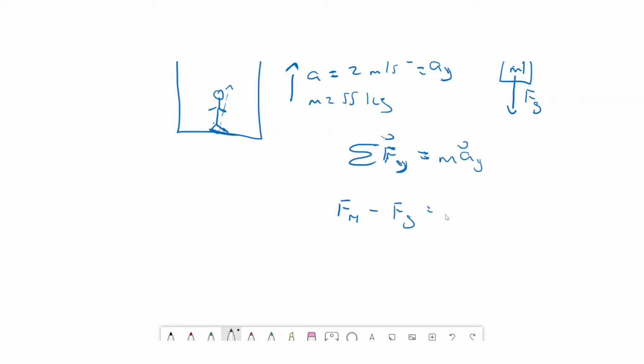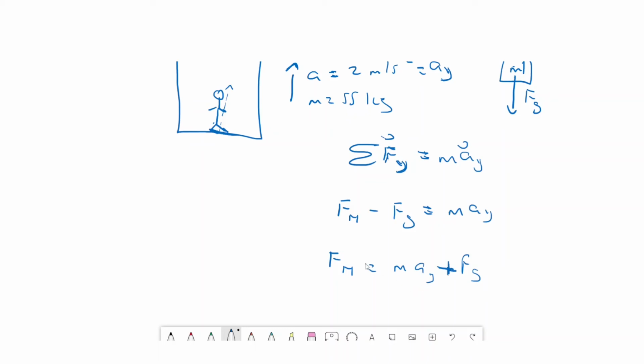This is going to be m, but then the acceleration is going up, so it's going to be ay. So everything up is positive. So Fn, as you can see here, is going to be may plus Fg, like that.